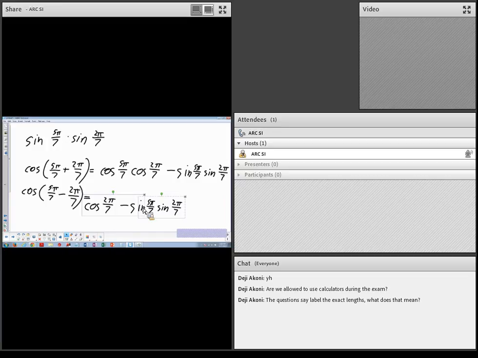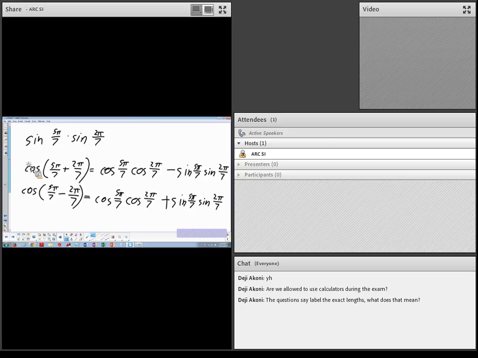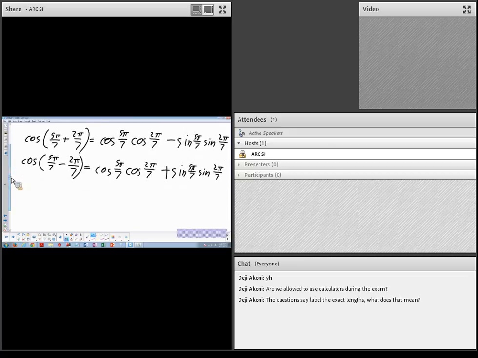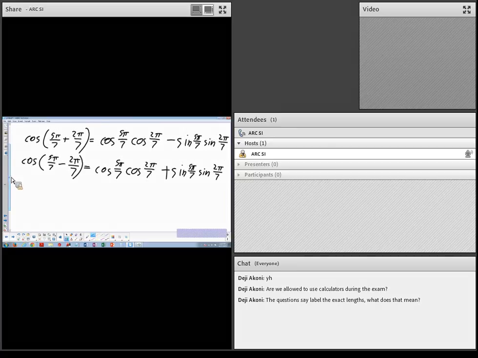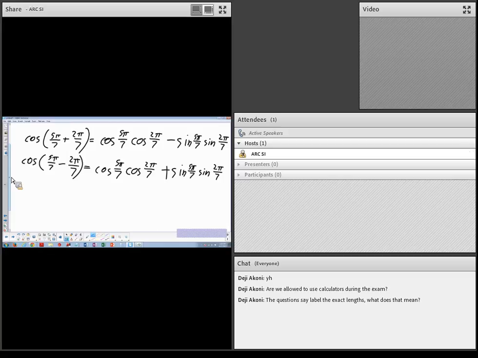I got most of it, that's fine. I had cosine 5 pi over 7, choose the plus sign. So we know both of these things. Now if we subtract them, this is a negative sign. Let's turn this back to the negative sign.